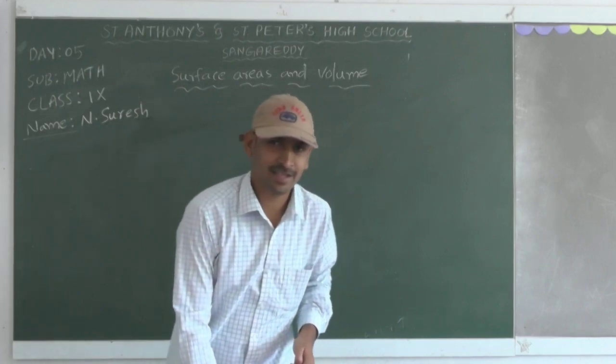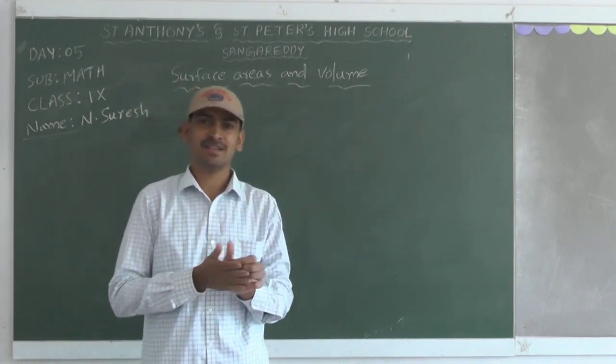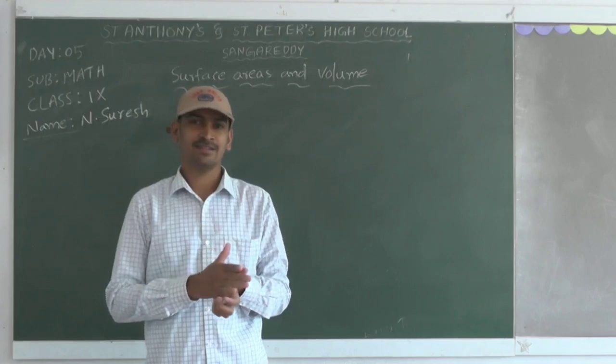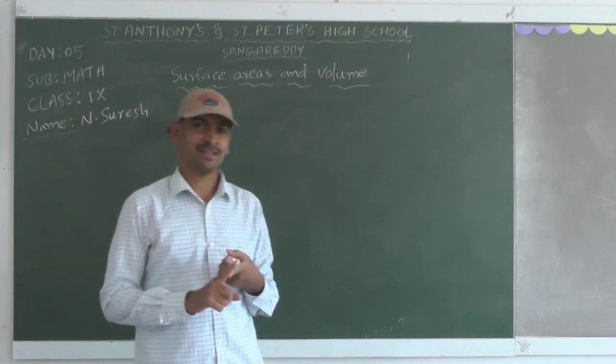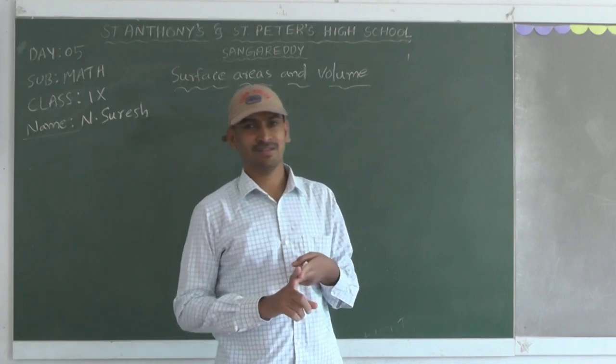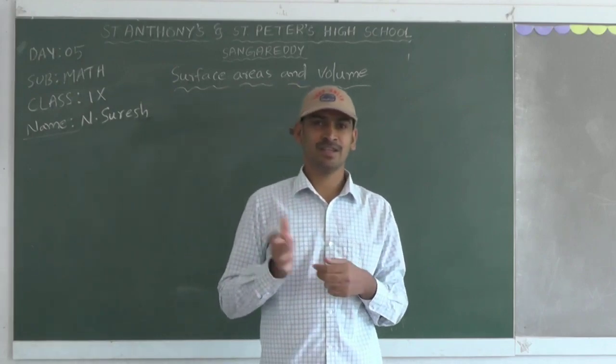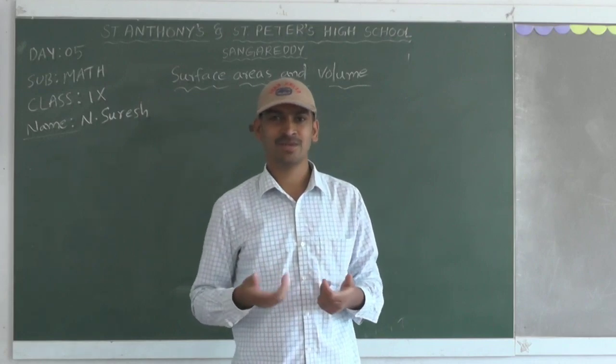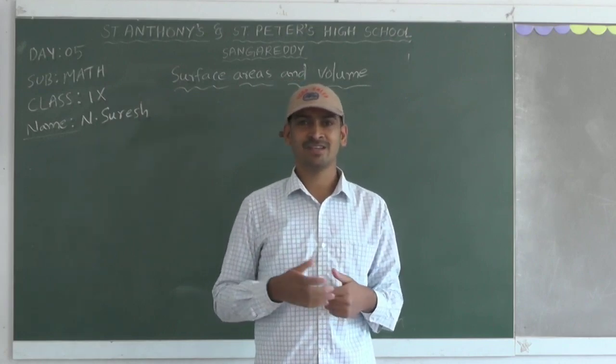In last class I gave one homework problem based on a cuboid, with L, B and H values given, and we had to find LSA and TSA. You know very well, LSA equals 2H of L plus B, and TSA equals 2 of LB plus BH plus HL. I hope you did that problem.